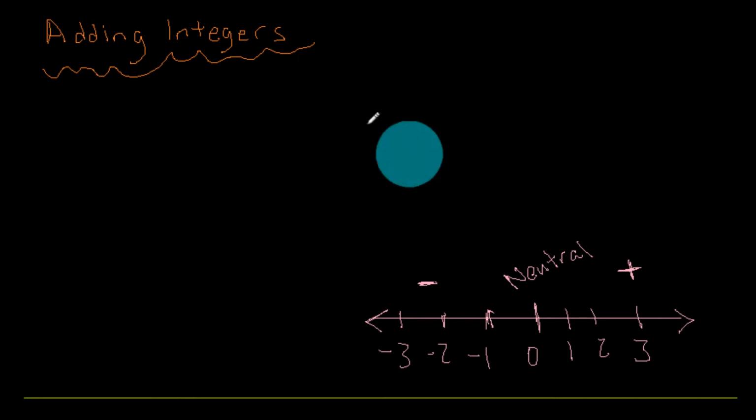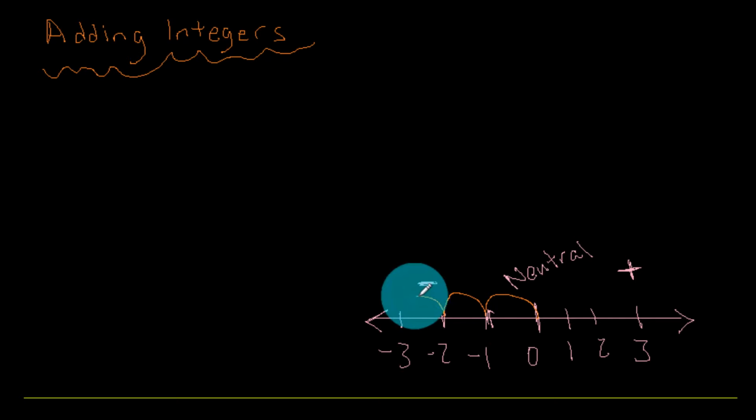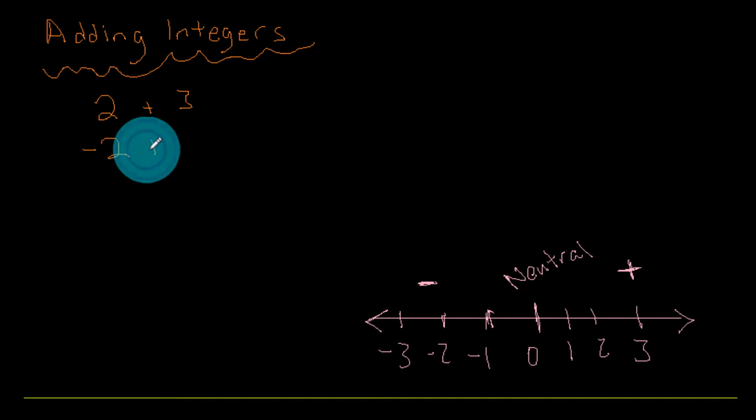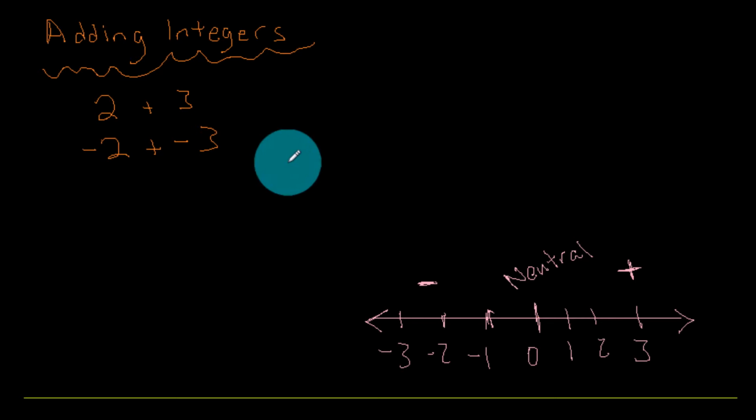But if you're to add negative integers, you start at 0 still, and you move to the left on the number line or in a negative direction to the indicated numbers provided. So let's take a look at 2 problems here. Let's look at 2 plus 3. These are 2 positive integers. And also let's take a look at negative 2 plus negative 3.